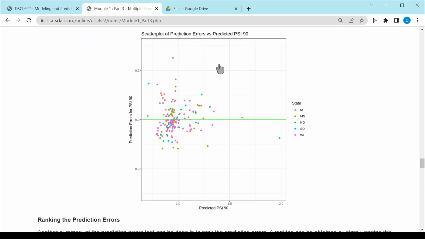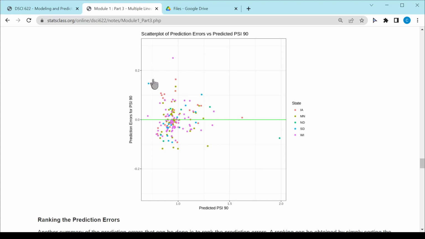Another thing that I could do is to look at my prediction error scatter plot, but just color code the points by the different states. And what I'm hoping for in this plot is that the different states are just kind of intermixed here. And they do look indeed intermixed. It would be really bad, for example, if all of the Iowa points were up high here, because that would mean that the predictions were off for all of the Iowa points.